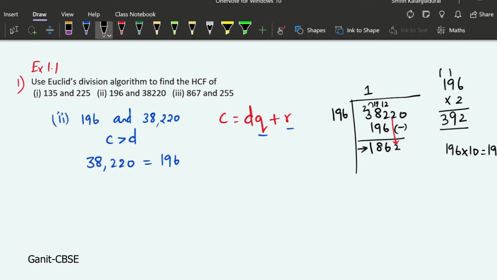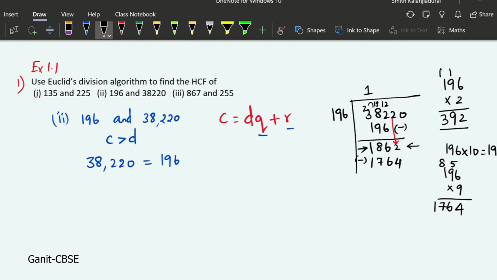It is nearer to 1862, so we can go with 196 times 9. 6 times 9 is 54, 5 remaining. 9 times 9 is 81, 81 plus 5 is 86, remaining 8. 8 plus 1 is 9, so we get 1764.